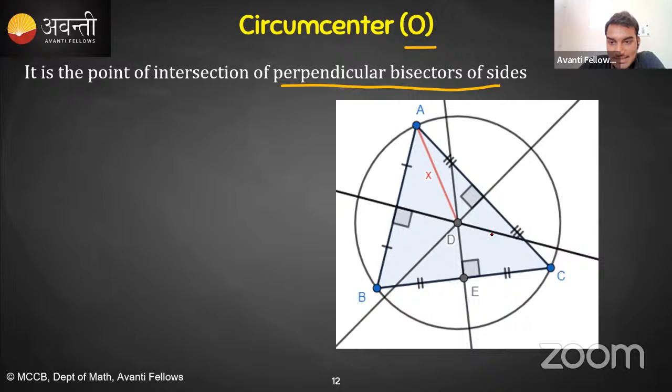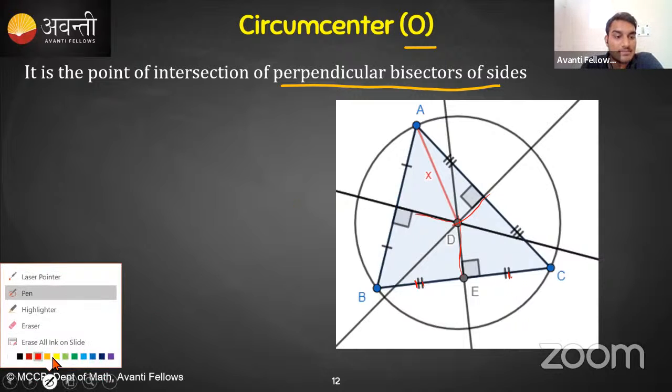This ABC is a triangle. This line is the perpendicular bisector of this side. Similarly, this line is the perpendicular bisector of AC, and this line is the perpendicular bisector of AB. So their point of concurrency is known as the circumcenter.